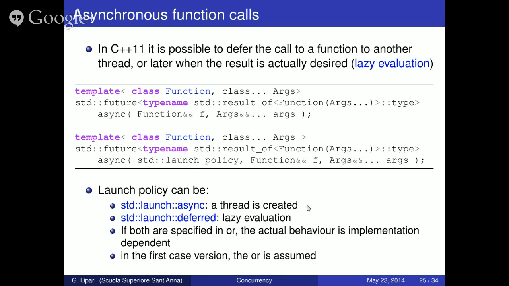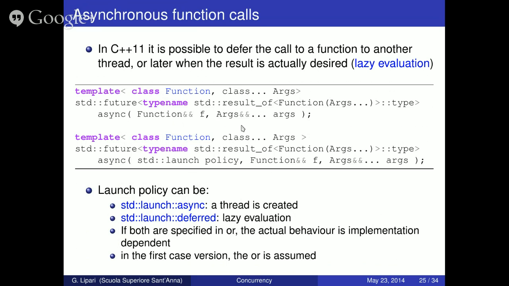And the actual behavior is implementation dependent. So it's the implementation that can choose what it wants to do. If you don't specify anything, the OR is assumed. So it's the implementation that decides if it wants to parallelize or not.